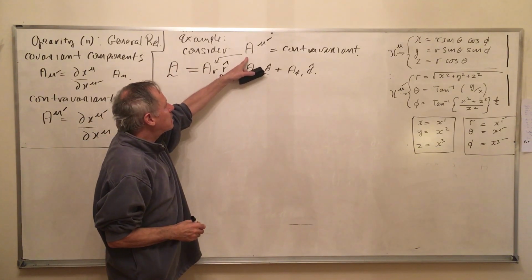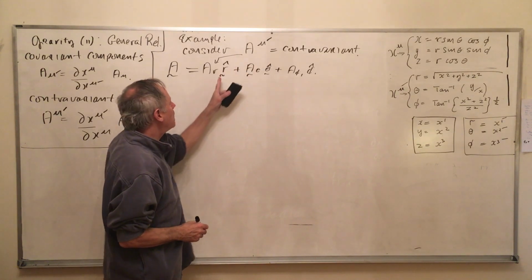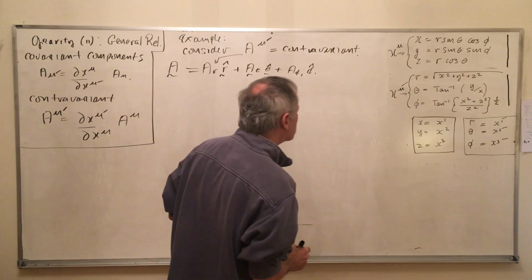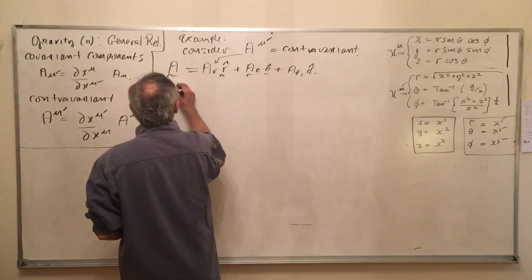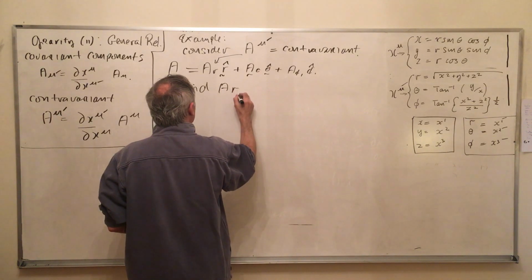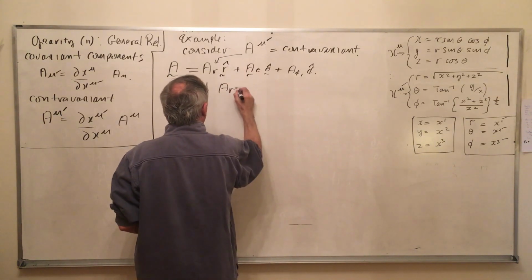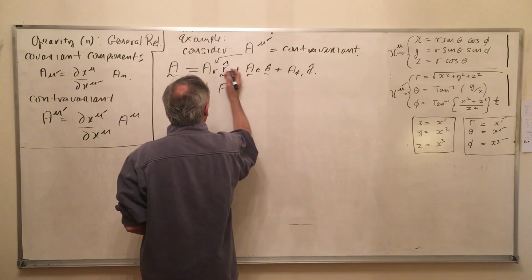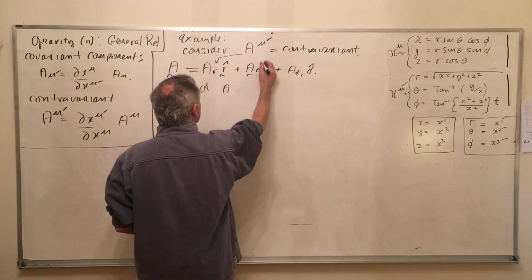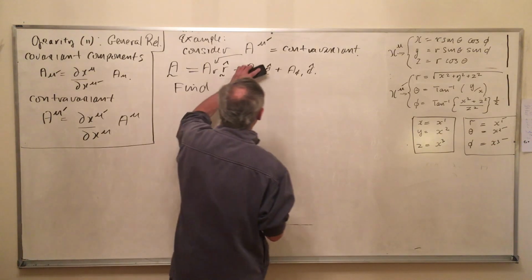And A mu are its components, right? We're not looking at the bases, we're just looking at the components themselves, okay? Now really, these numbers should be upstairs.